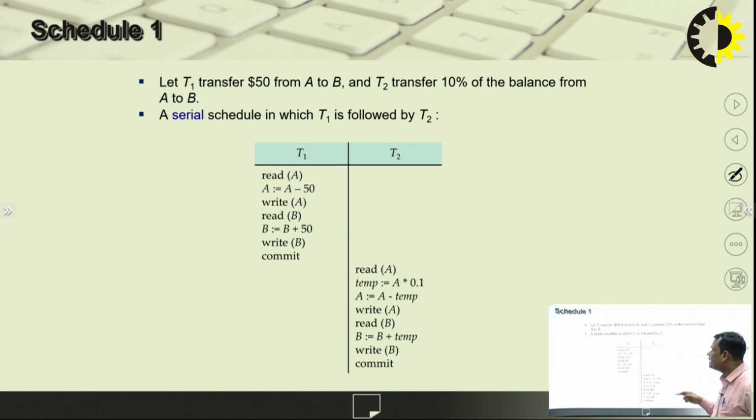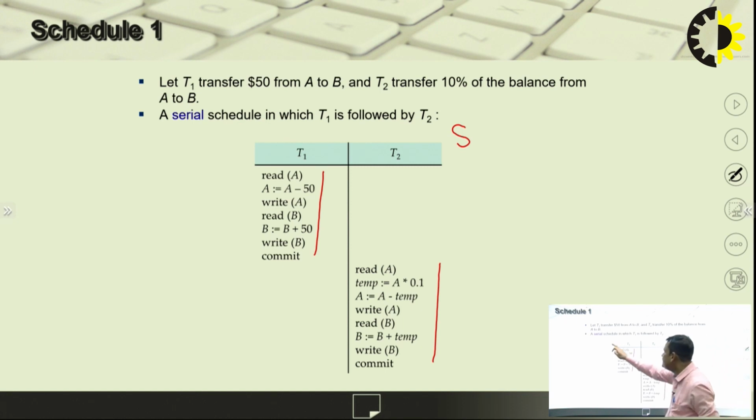Schedule S for two transactions, T1 and T2. T1 is completed to the commit state, and then T2 is completed. This schedule is known as a serial schedule.